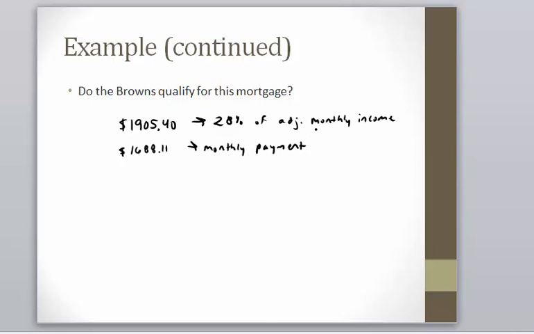And remember that if the monthly payment is more than 28% of the adjusted monthly income, then the bank will not make the loan. But because their total monthly house payment of $1,688.11 is less than the 28% of their adjusted monthly income, the Browns would qualify for the mortgage. And so we can answer yes to this question.